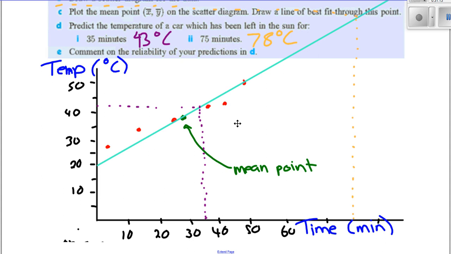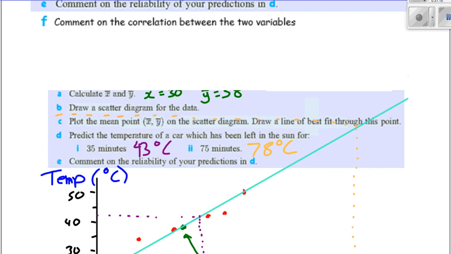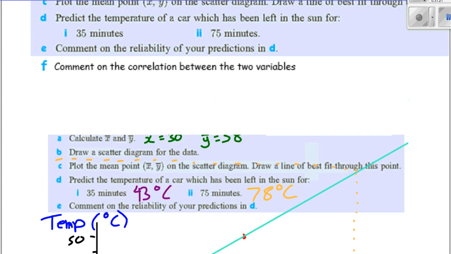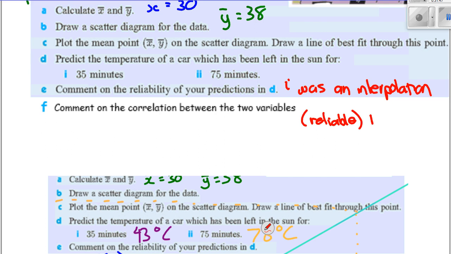So comment on the reliability of your predictions in D. So you can say that 35 was an interpolation, so reliable. Reliable, but 75 was an extrapolation.